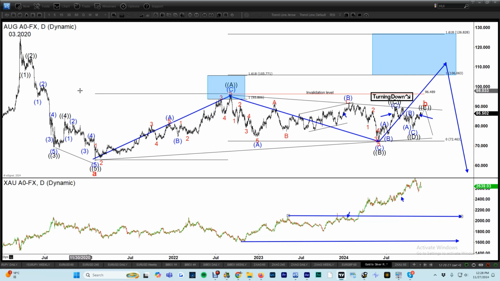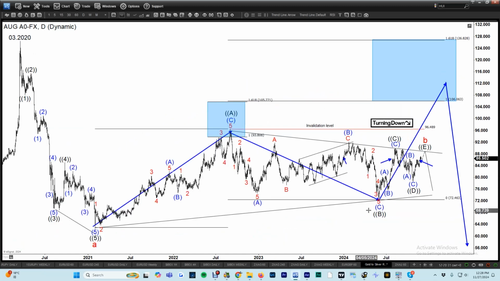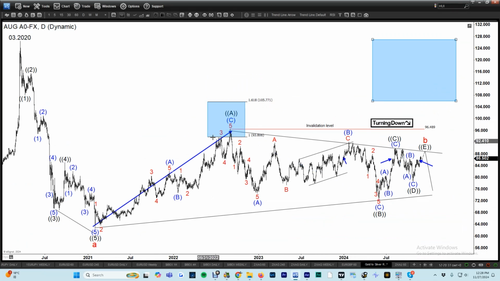So I'm left with the idea that it's more likely they're not going to do this, but instead it will go down without breaking above this peak. But if that's the case, I have to find out what happened here, because it doesn't want to follow through on the downside. It continues to chop around.